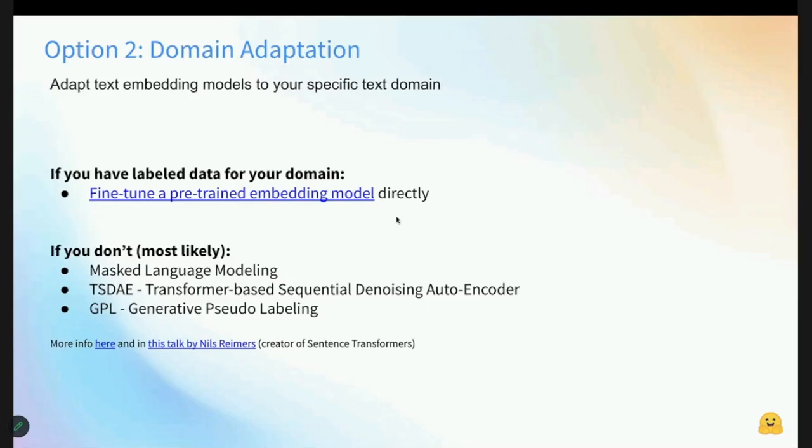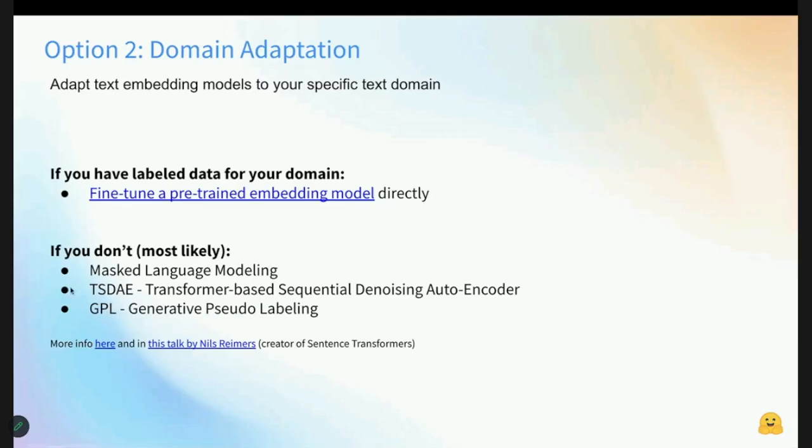And so in the case that you don't have labeled data, there are a few methods that are, I would say, somewhat researchy and experimental, but are proving to do pretty well. In particular, this TSDAE, so an autoencoder, which I think was mentioned earlier, in combination with this generative pseudo labeling.